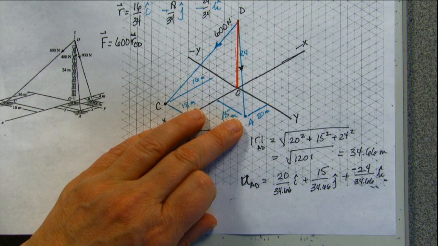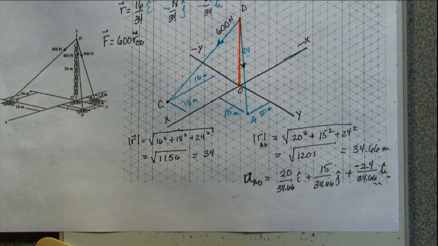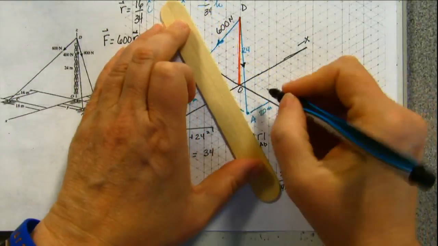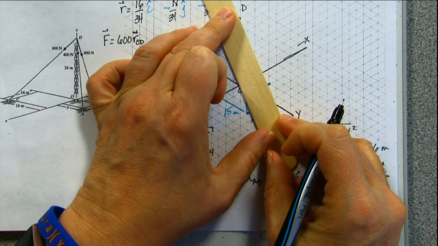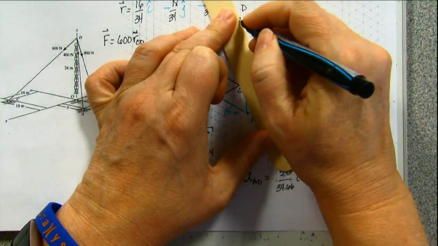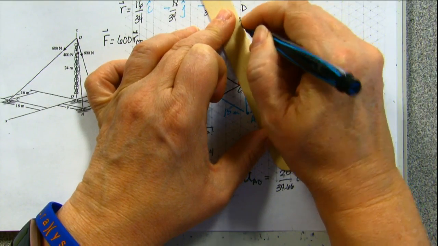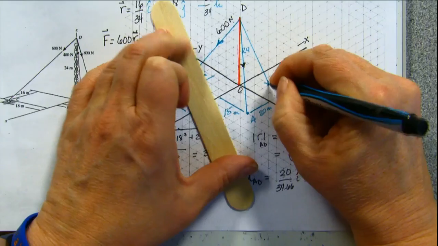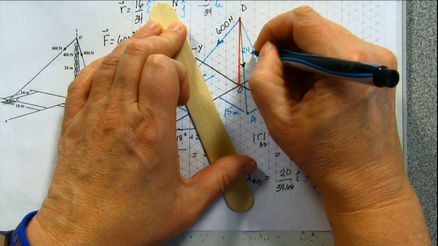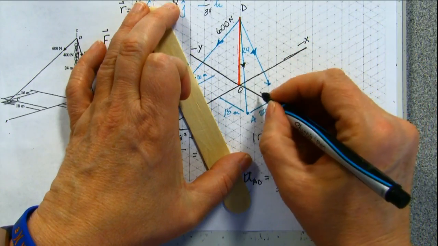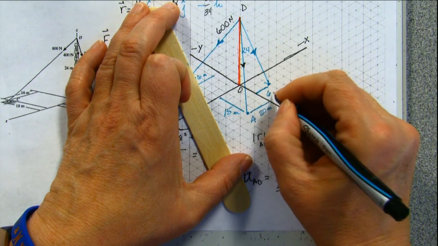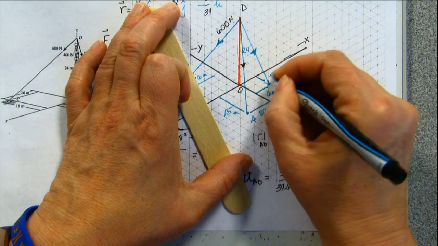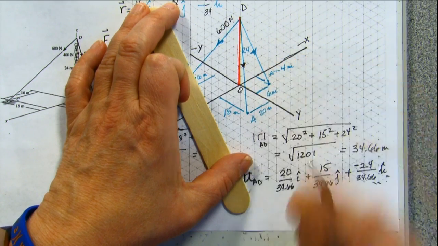And if we want to practice again, this time we'll put it here. We're also told this is going this way. And we're told that that's 6 meters, and that this is 4 meters over here.